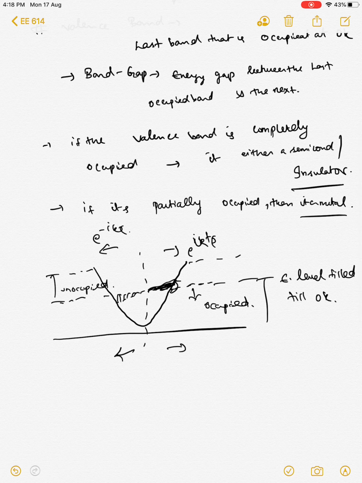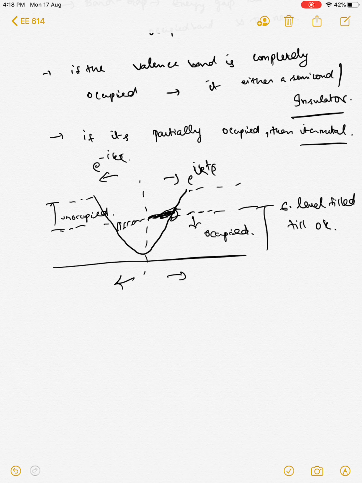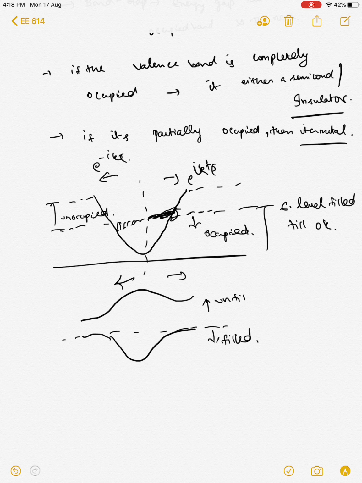Now this is possible only if there are states in the neighborhood of the energy level which was filled at 0 K, right? If let us say that you have something like this, and all the levels till this are filled, because there is a gap here, a very small potential will not be able to change the electronic distribution largely such that you have a current, right?